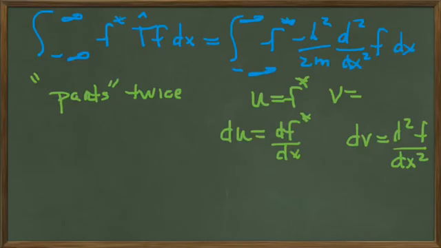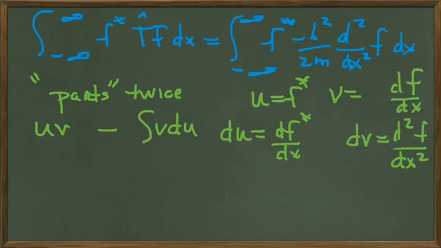If dv is the second derivative of f and v is the antiderivative, then instead of taking the second derivative of f, we are going to be taking its what? Right? Answer, its first derivative. Okay, so we've got all of the elements that we need, and the parts formula says we should get uv minus the integral of v du. So let's set that up.